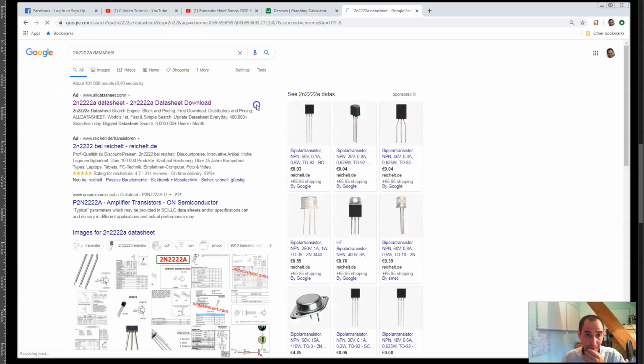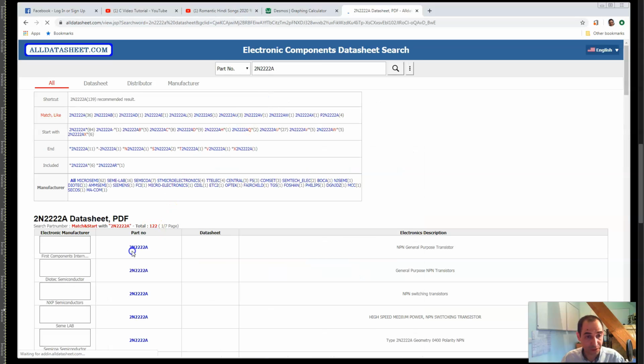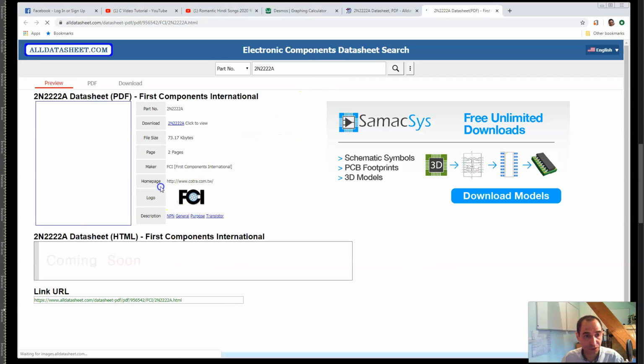you can see, for example, let's take this document here.